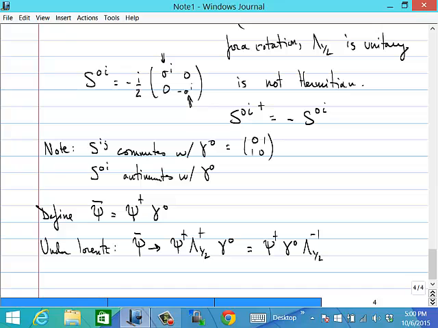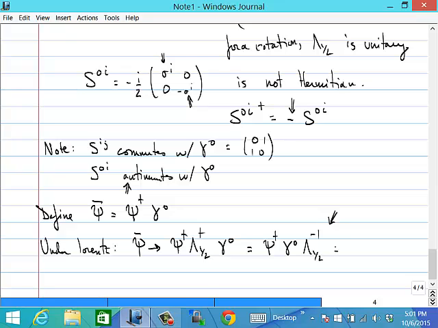But now think about the case where we have a boost. Boosts are not Hermitian because that S0i picks up a minus sign when you do a dagger. But every time you pass an S0i through a gamma 0, you pick up a minus sign because it anti-commutes. So in fact, the exact same equation here is also true when you have a boost.